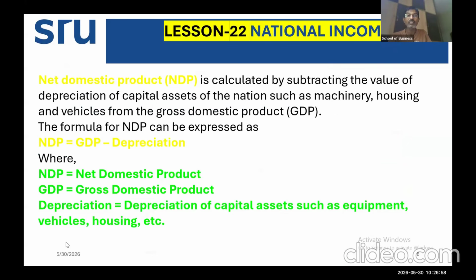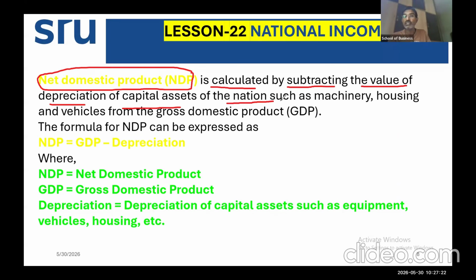Net national product. Now, the next important one is net domestic product, NDP. How is it calculated? It is calculated by subtracting the value of depreciation of capital assets, such as machinery, housing, and vehicles, from the gross domestic product.